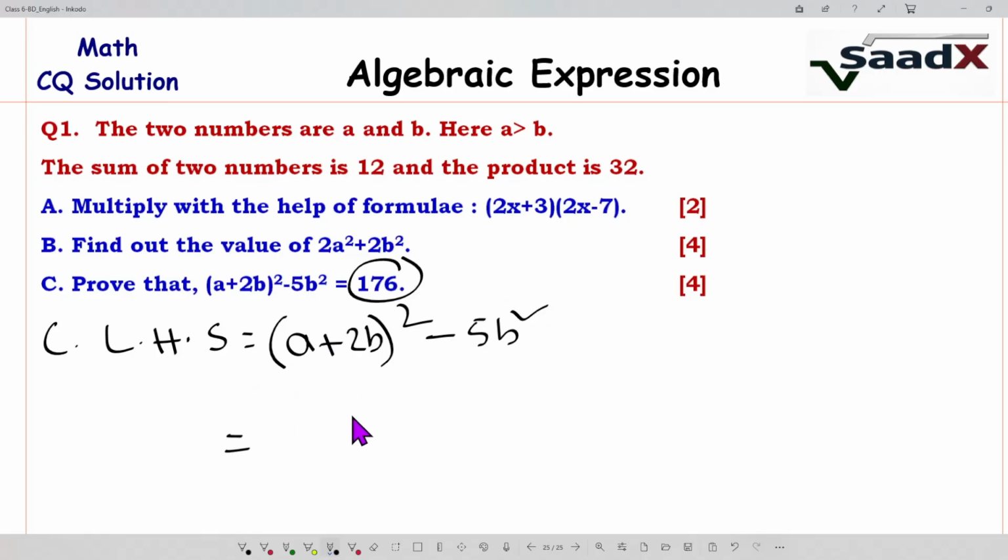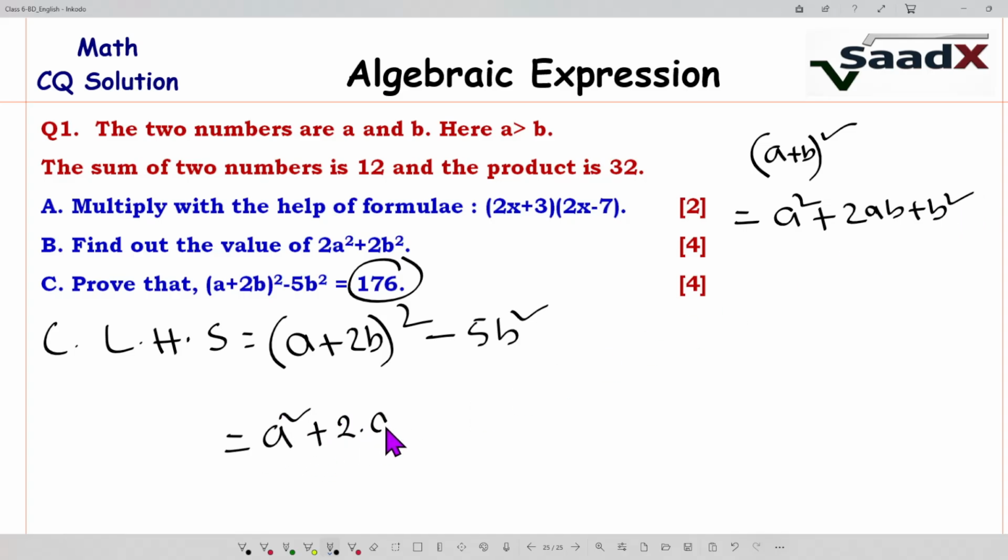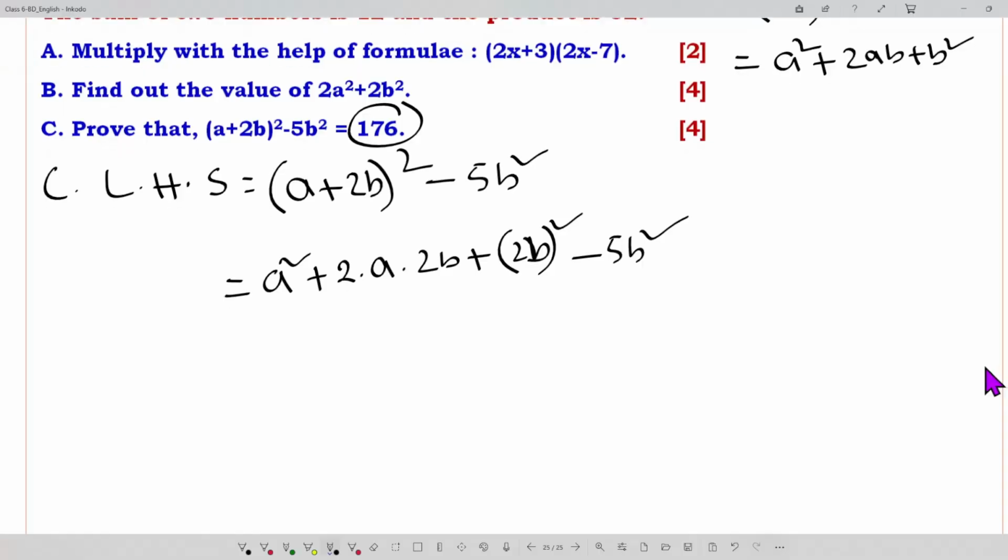So in the general formula, a plus b whole square, we know this is a square plus 2ab plus b square. So a square plus 2 times a times 2b plus 2b square minus 5b square, right?